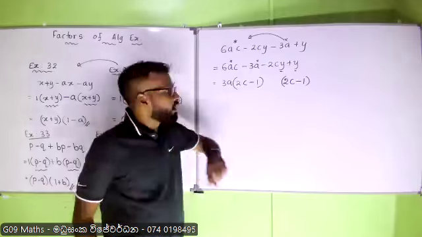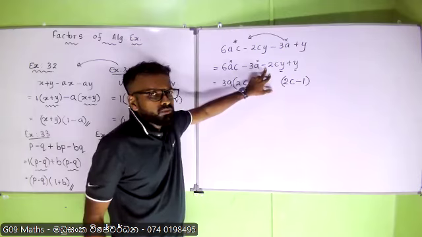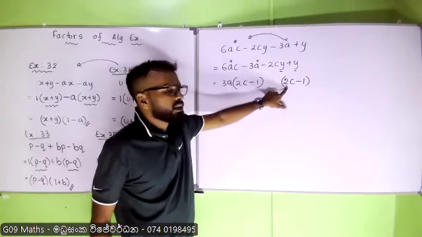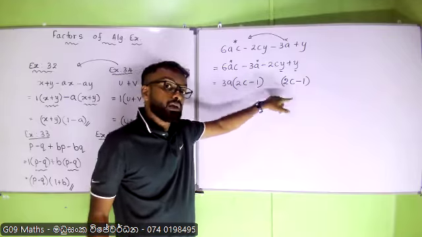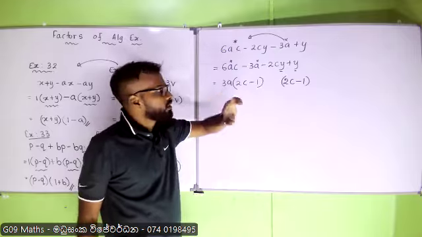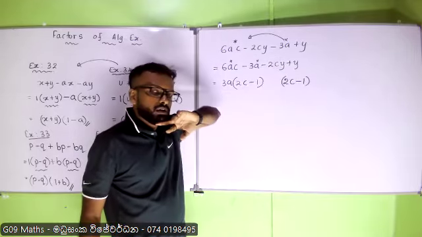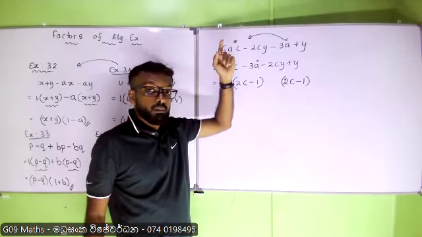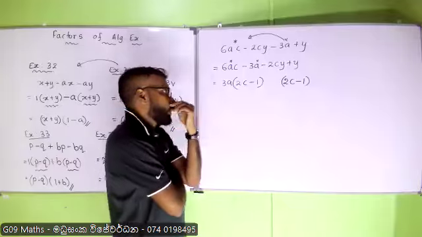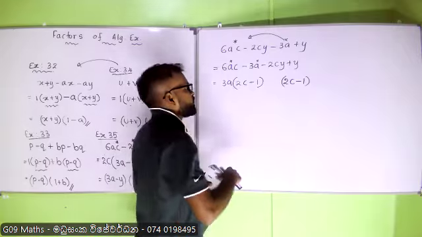Now I am going to compare. Here I have negative 2cy. But when it comes to inside the parenthesis, it becomes positive 2c. Here we have positive y. That positive y becomes negative 1. Right. So what is the common term that you are going to take out from both?